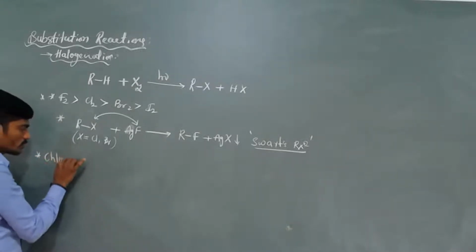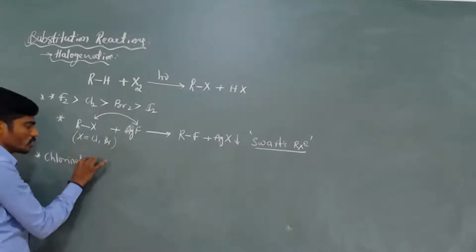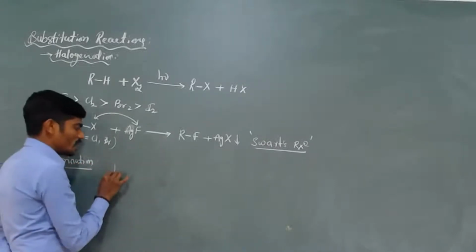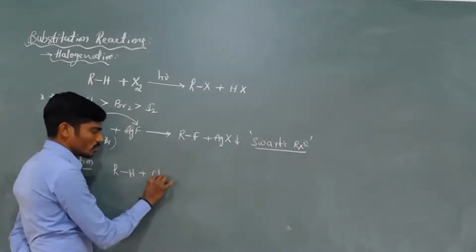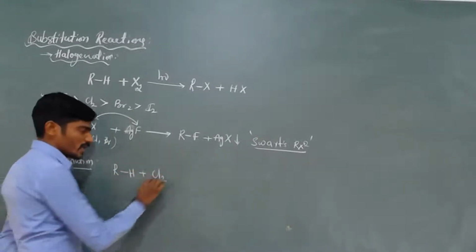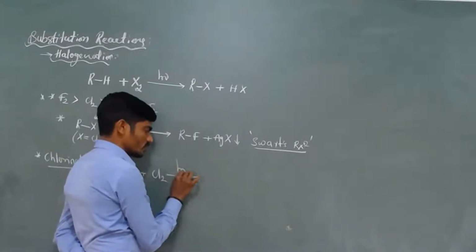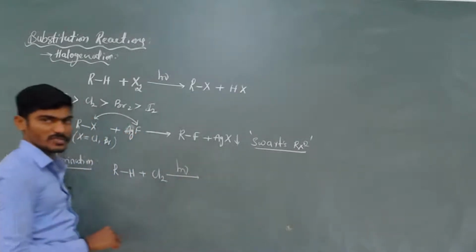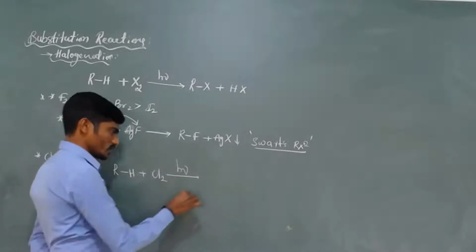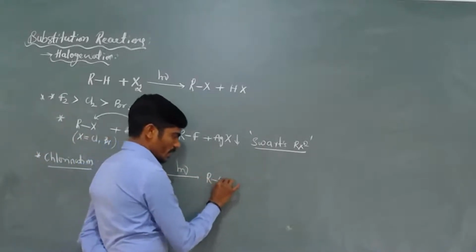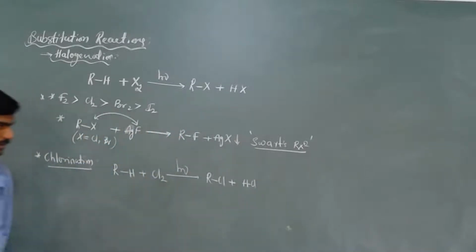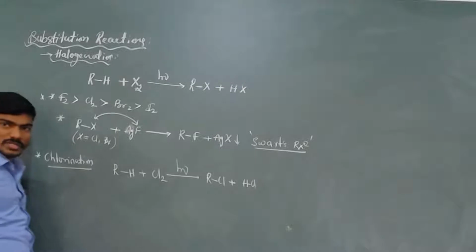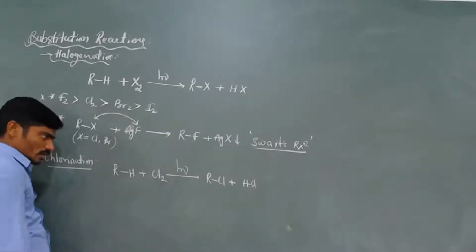Chlorination. Simple. When an alkane reacts with chlorine in the presence of sunlight, when it is heated, this gives rise to RCl plus HCl. This is the chlorination reaction.